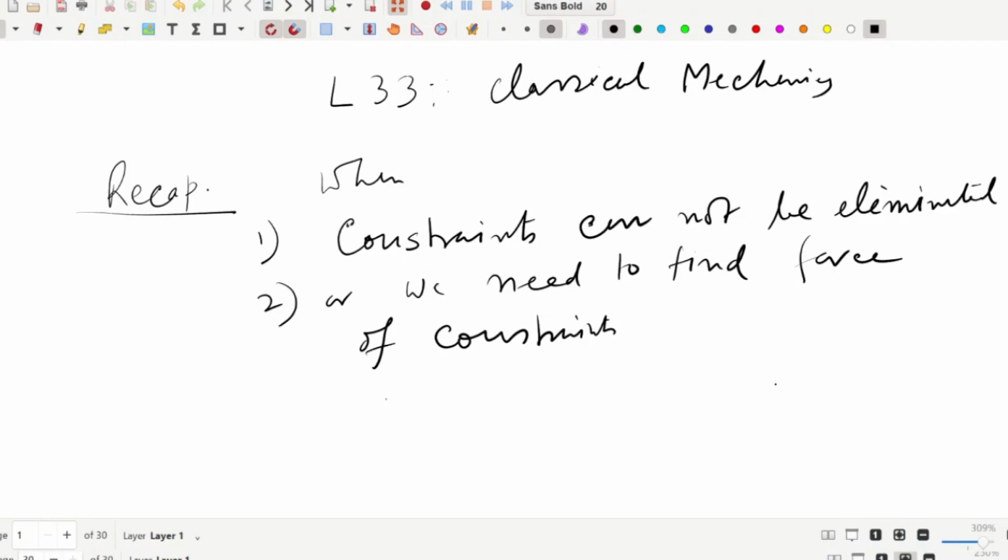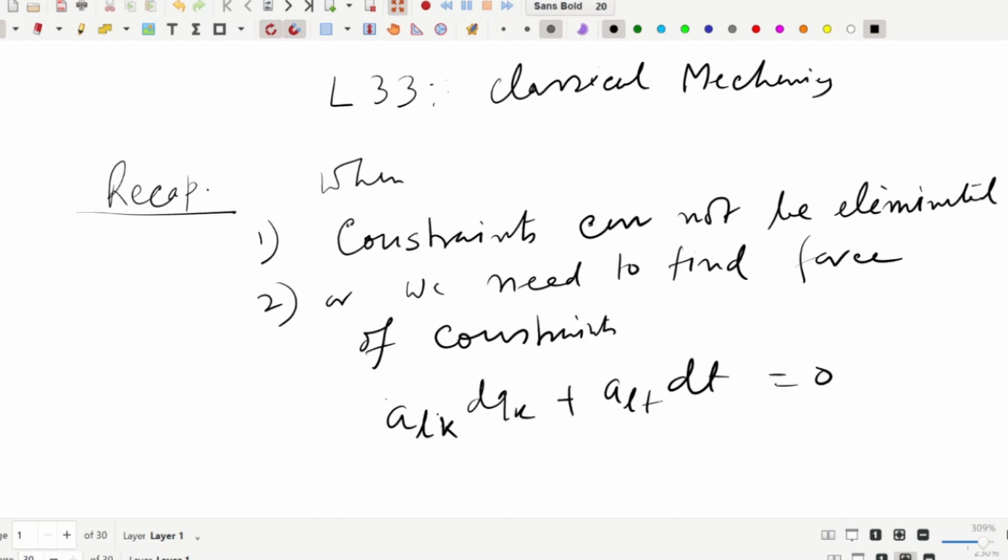So that is why we need this method, and in this method, if you have non-holonomic constraints of this form, which can be velocity dependent, sum over k of a_lk dq_k plus a_lt dt equal to 0.